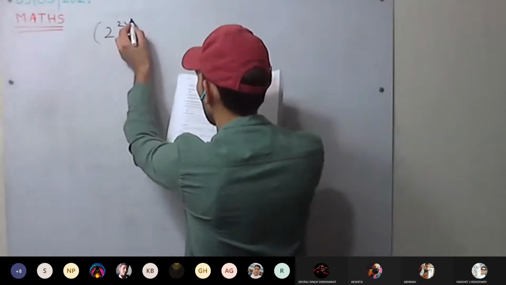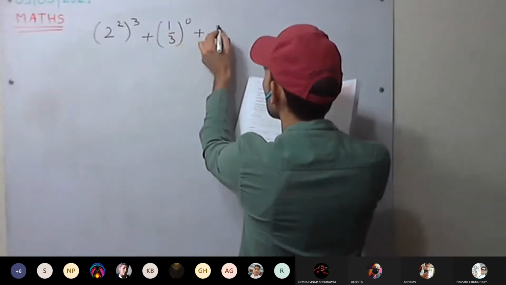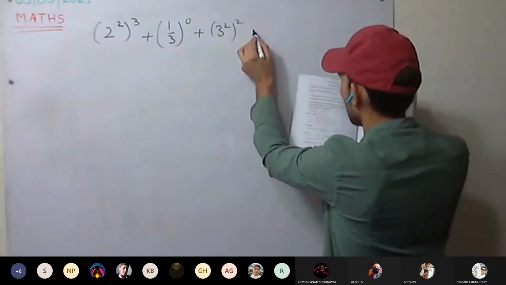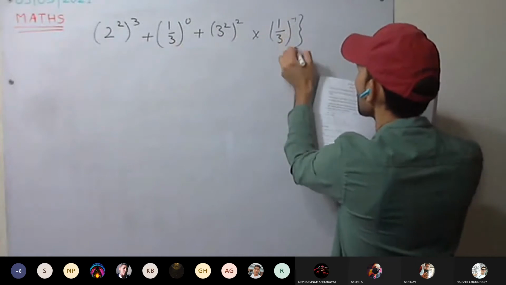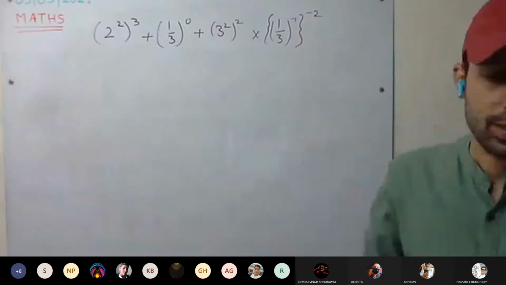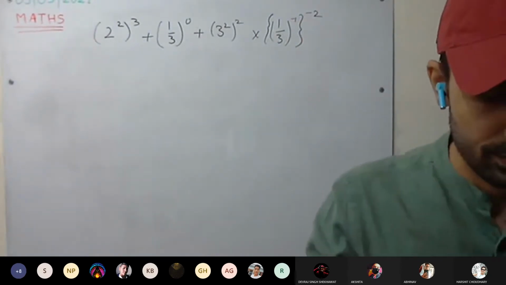2 square whole cube plus 1 upon 3 raised to power 0 plus 3 square into 1 upon 3 raised to power minus 1 minus 2. Okay. So 1 by 1 we will solve. We'll go stepwise.